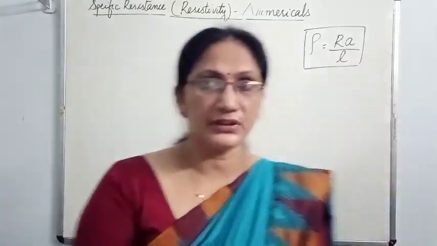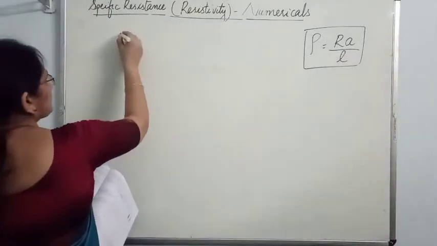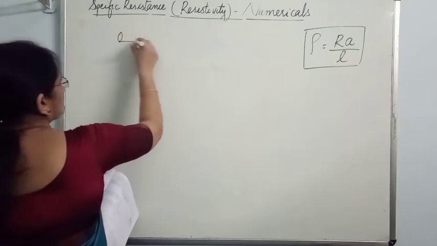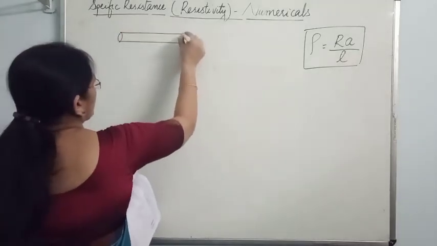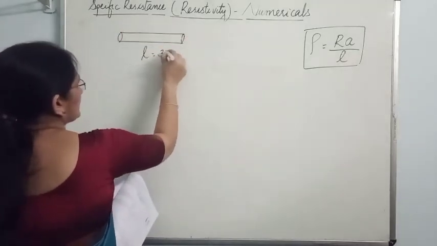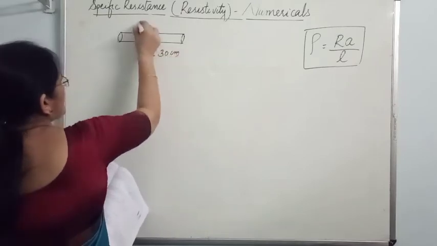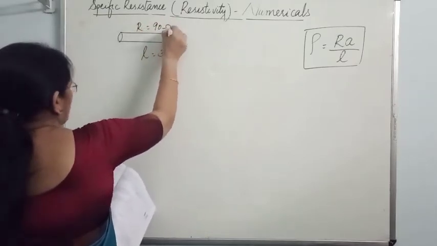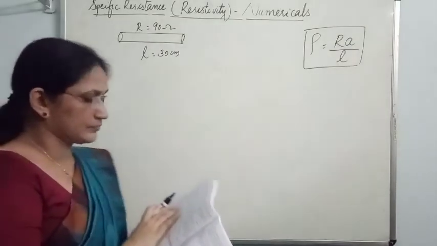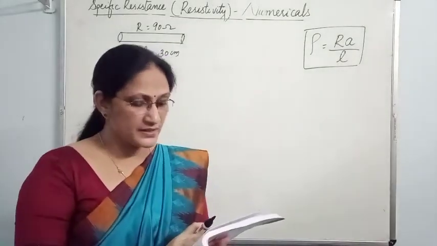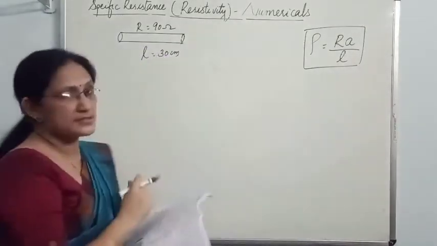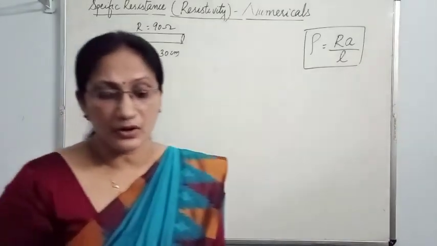A wire of 30 centimeter length. Length is given 30 centimeter and its resistance is given 90 ohm. Length and resistance are given and this wire is tripled on itself.